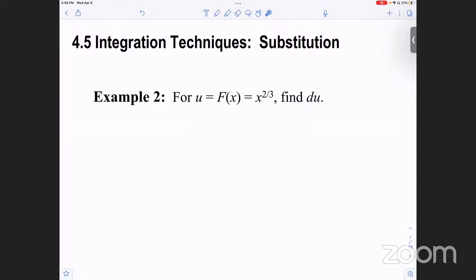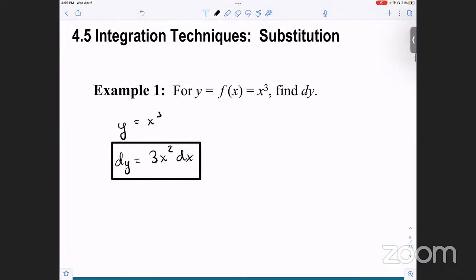Now find du, the derivative of this with respect to u. So if we have u equals x to the 2/3, take the derivative on both sides. The derivative on the left is going to be du. On the right, the 2/3 comes down. We get x to the power of 2/3 minus 1, which is -1/3. Then we need to put our dx. We could write this as 1 over the cube root of x, but I think this will suffice.